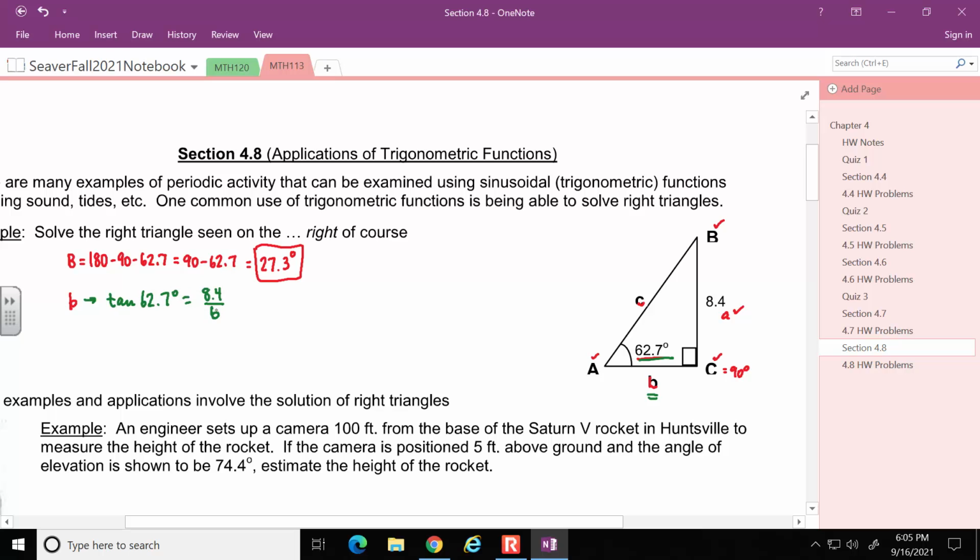If you multiply both sides by B, I get B times tangent 62.7 degrees equals 8.4. Then you would divide both sides by tangent of 62.7, which we could have done from the get-go, but that's okay.